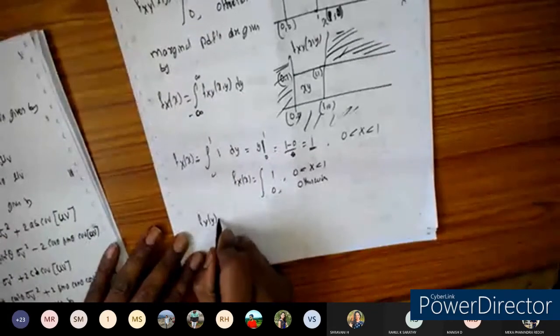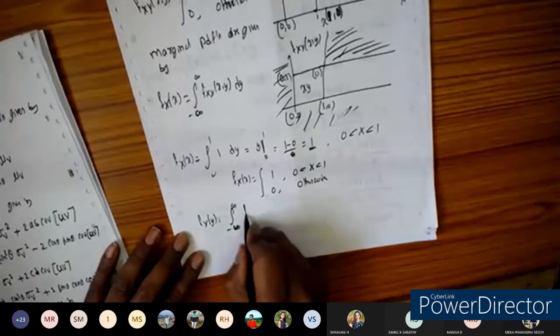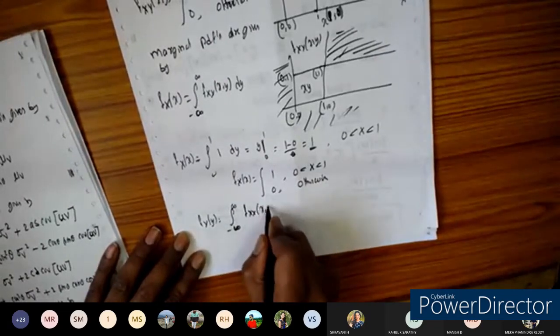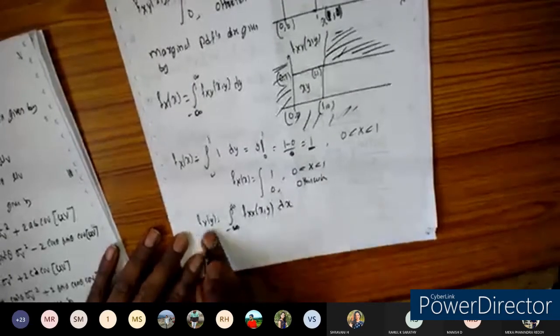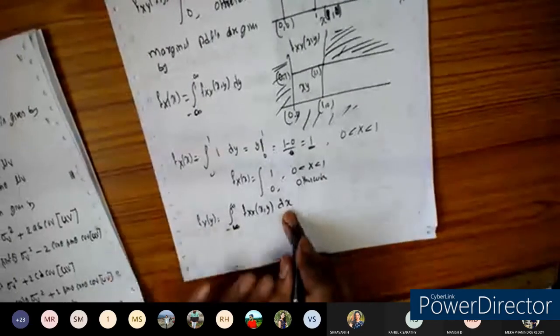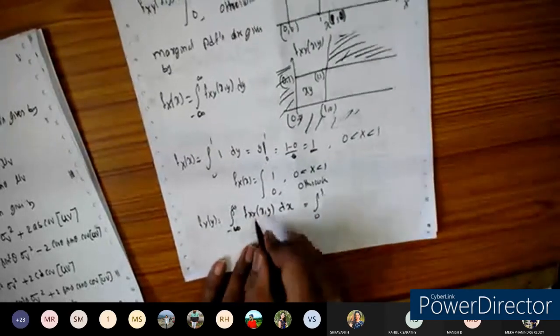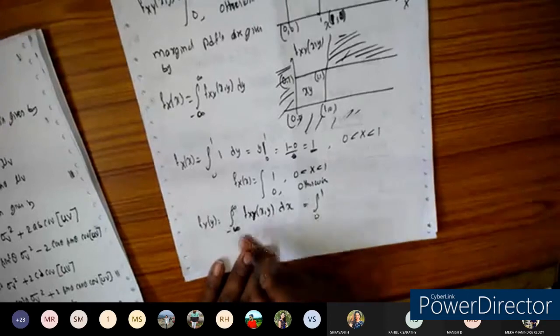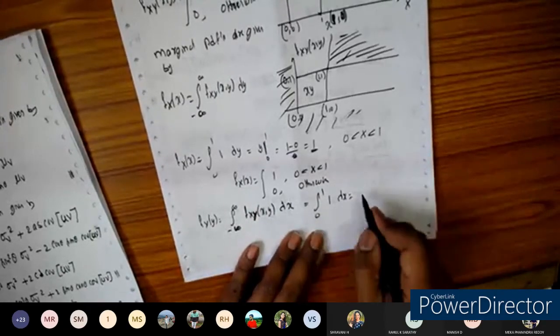Similarly, we can find the other marginal PDF, fy of y. I'm going to write the generalized formula first: the integral of fxy of x comma y with respect to dx. In order to get fy of y, I need to integrate with respect to dx. Here the limit is from 0 to 1, because fxy of x comma y is defined between 0 and 1 only. So it is 1 into dx, and the integration of 1 is nothing but x.